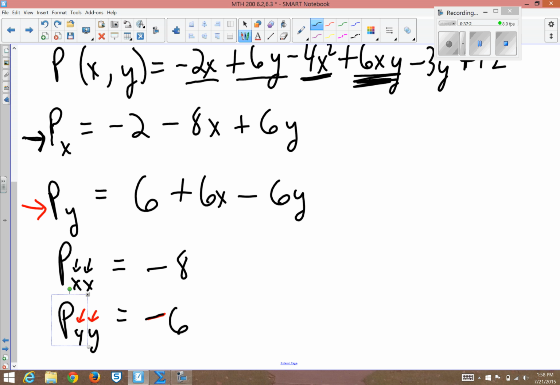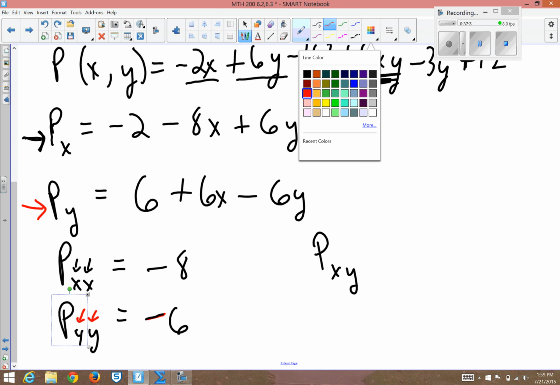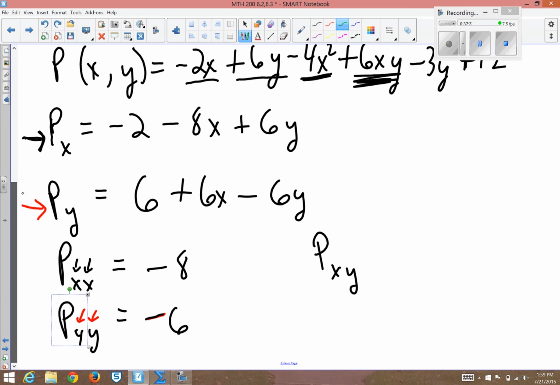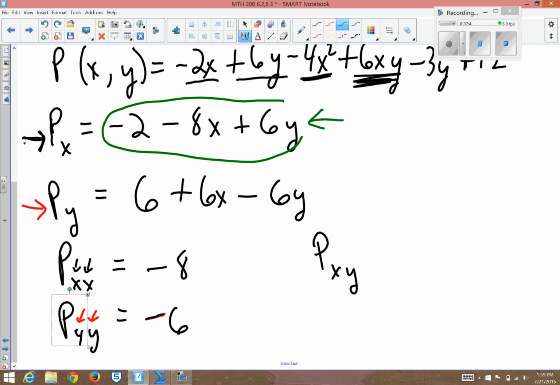All right, we need one more partial derivative. It's P subscript xy. The x being first means look at this where the green arrow is. Here, this. And then differentiate. So this tells me where to look.